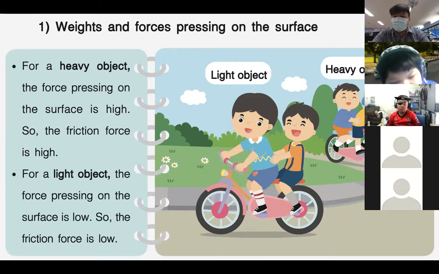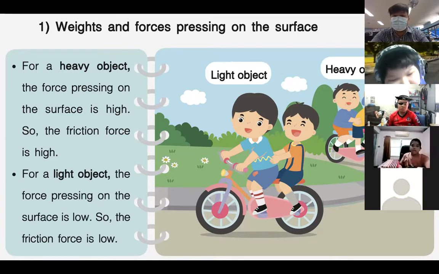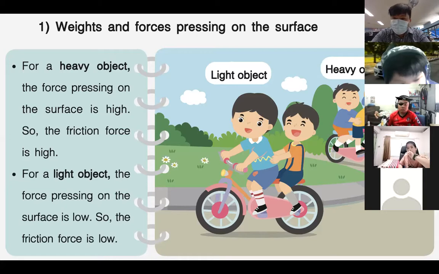Moving the bicycle with the light object is much faster than with the heavy object. If you are light, the friction force on the surface is low, so you move faster. And if you are heavy, you move slower.